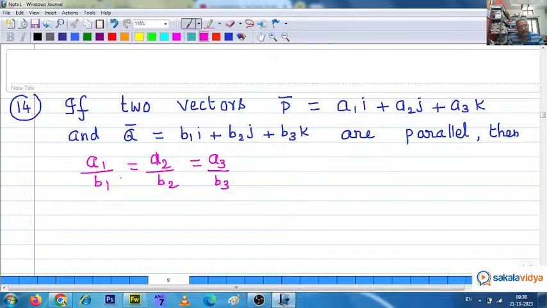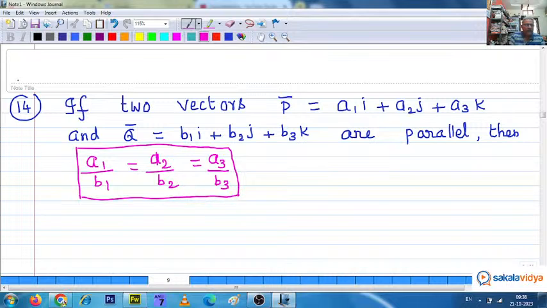So just make a box, remember this item. This is very, very important. I hope it's very clear to you. Please note down in your notebook also.